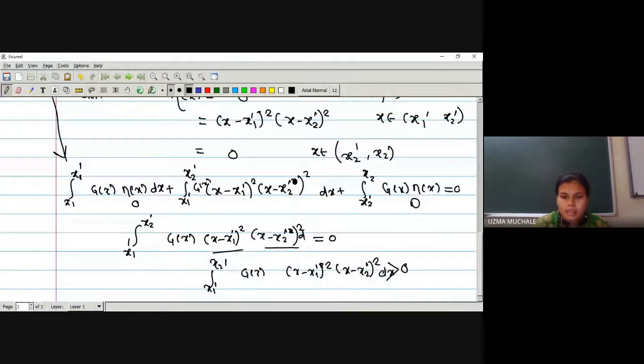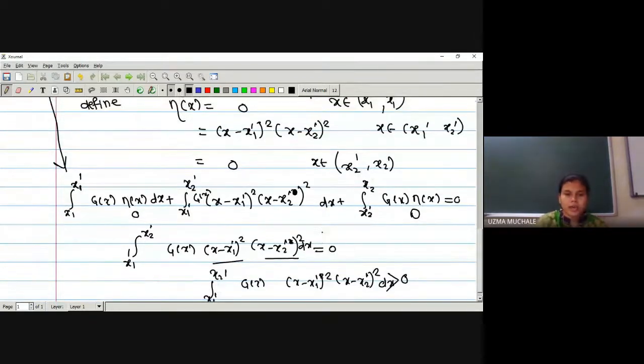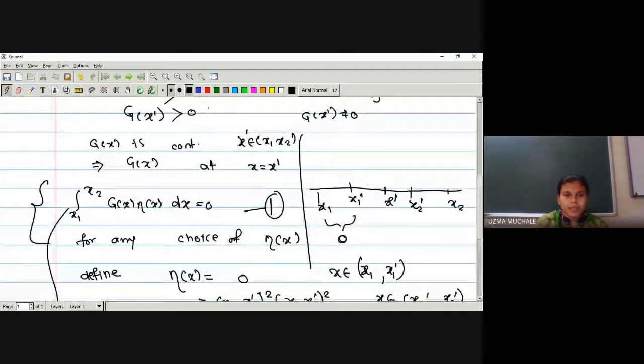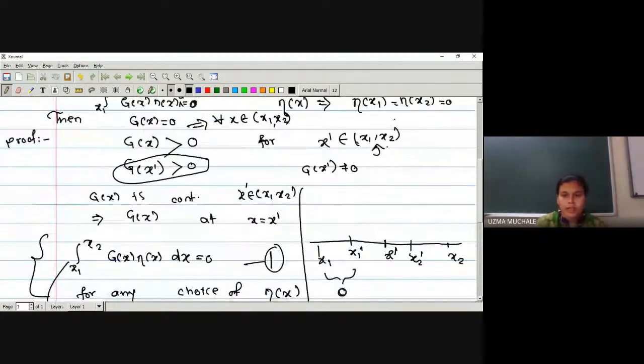Is it okay? Because whatever terms we are collecting are greater than 0, since we have the assumption that g of x is greater than 0 at a point. Here we select g of x dash greater than 0. What is x dash? x dash is some point in the interval x1 to x2.